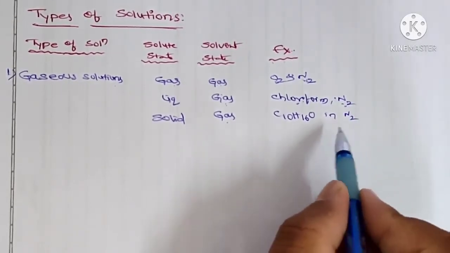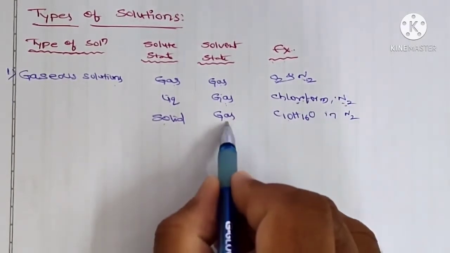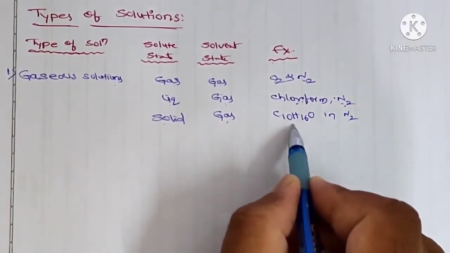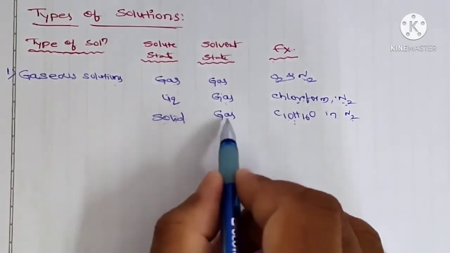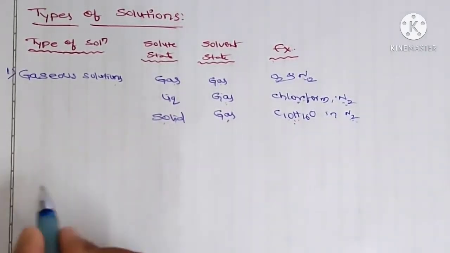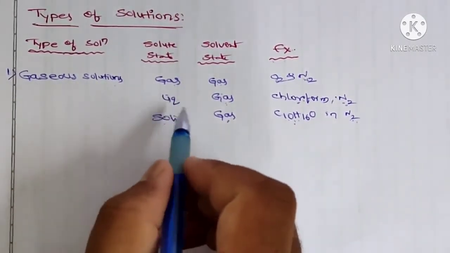Camphor is in solid state, N2 is in gas state. N2 is in large amount and camphor in less amount, so it is a solute and N2 is a solvent. So solid in gas, example, camphor in N2. So this is the first type, gaseous solutions.